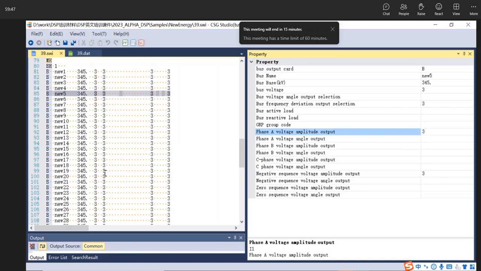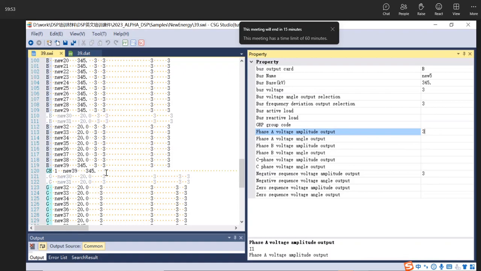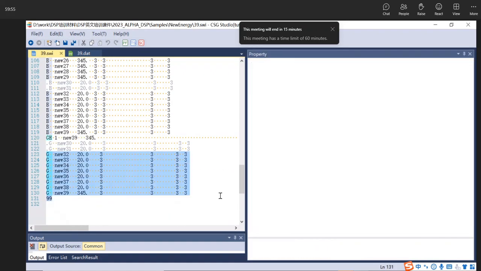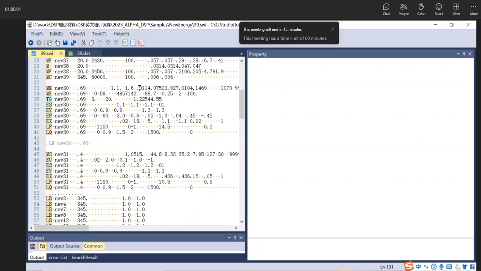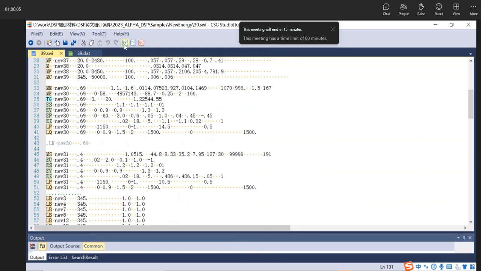It will give you the curve of the variable after simulation. This part is the generator I want to see. In this, I put all the nodes in there. And before we do the simulation, we should do the power flow calculation first.